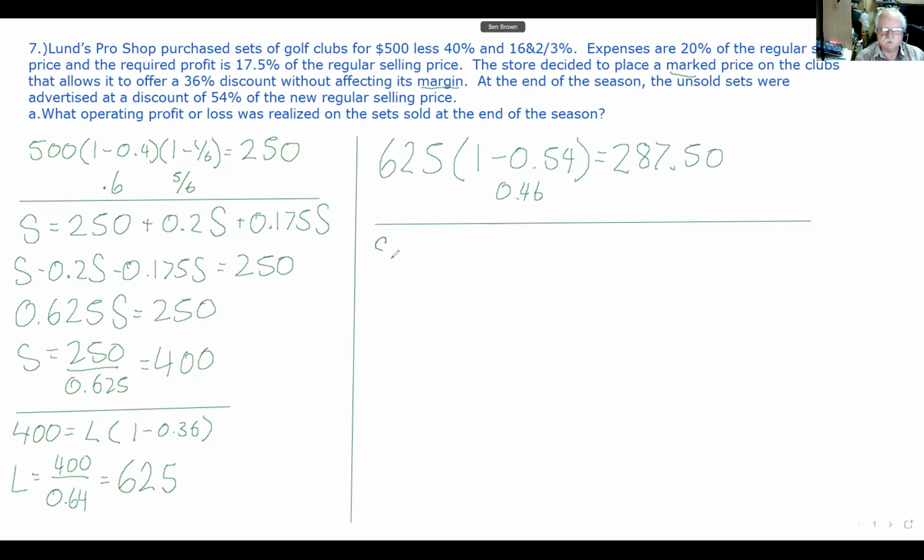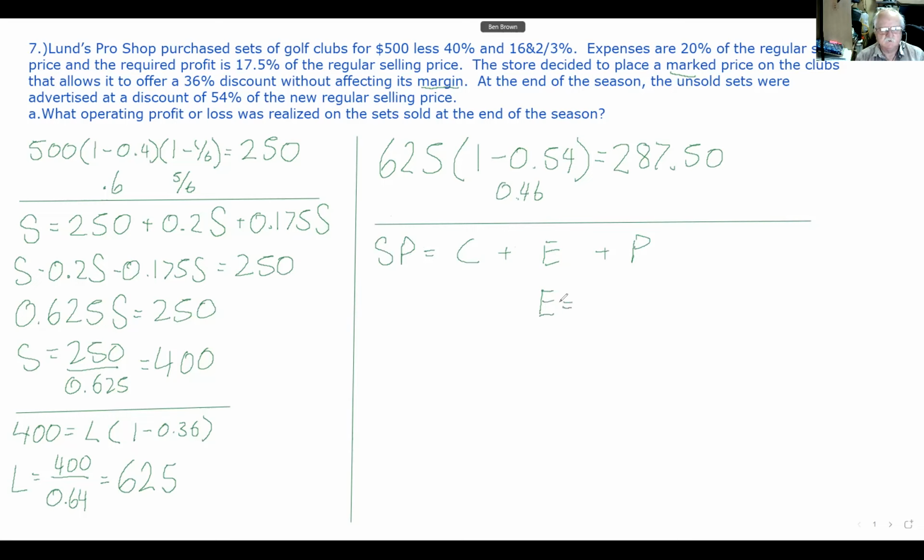So we have to go the sale price equals cost plus expenses plus profit. We know the sale price, we know the cost, but we need to figure out the expenses.